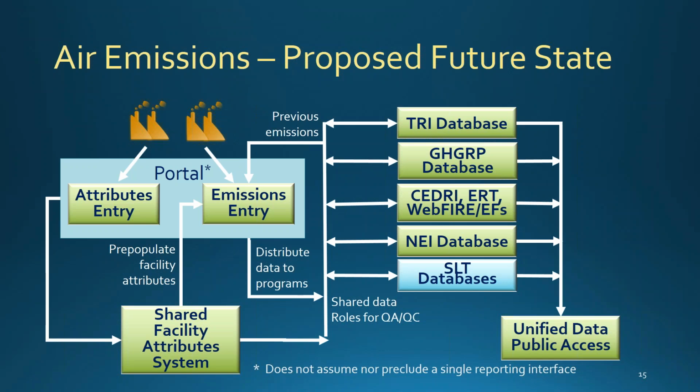Both of those are things that are happening under the RTR, and that information on the attributes would go to something that would share the facility attributes, which we just dubbed the shared facility attribute system. Then that information and a number of other things is going on this slide, not the least of which is sharing all that information with the numerous air programs that have been identified as being part of the CAER project. But we're really just focusing in this project on some of the things going on the left-hand side.